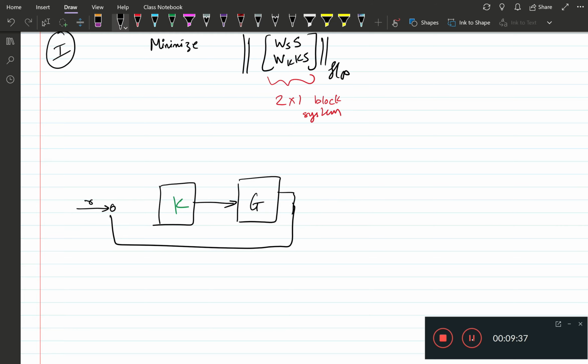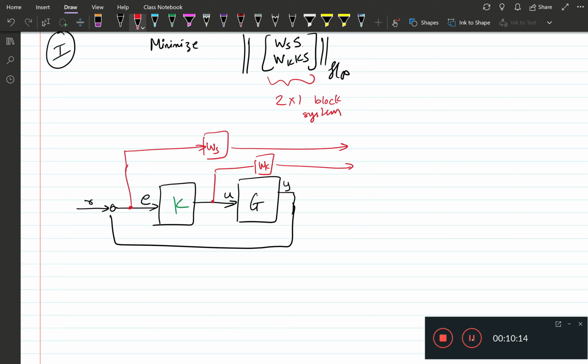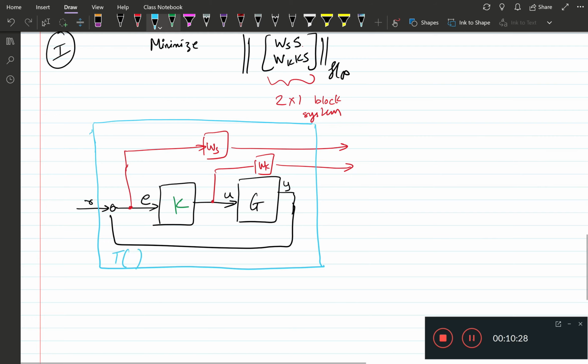We have the error E, and so this is our usual block that we have seen before, and now the transfer function from R to E is S, and then if we pass the error through Ws, we get Ws times S. And similarly, if we take a block Wk, take this out, so that will be KS.